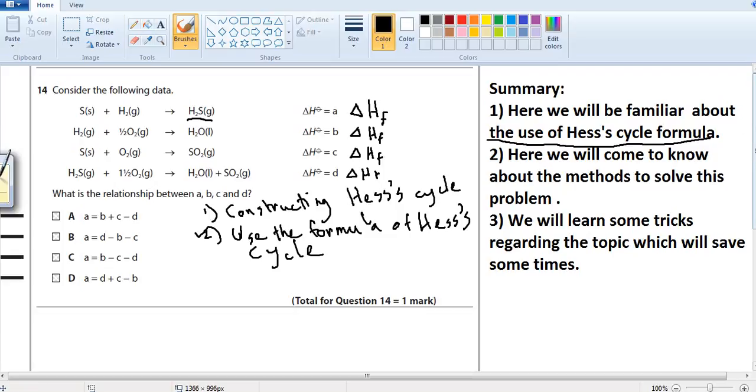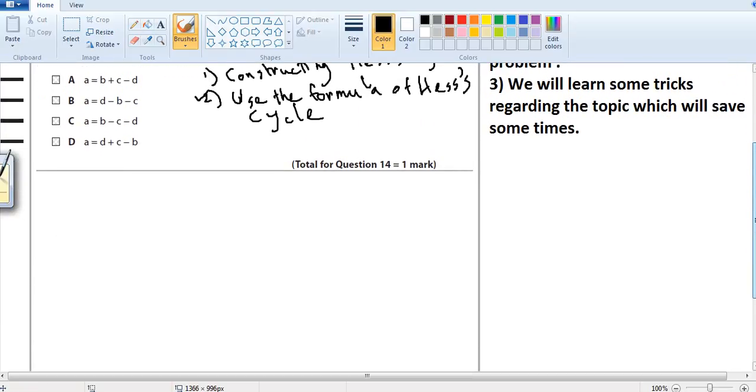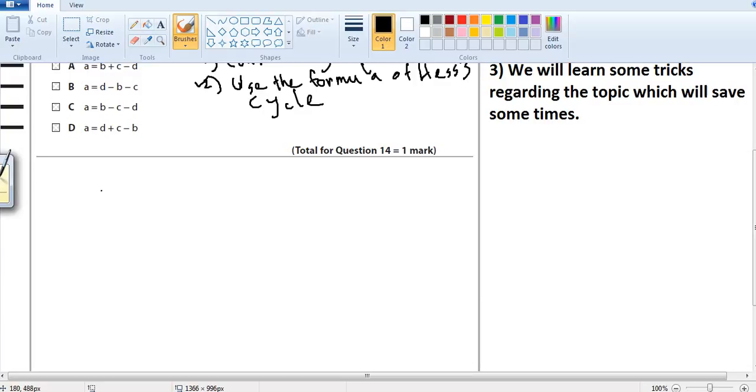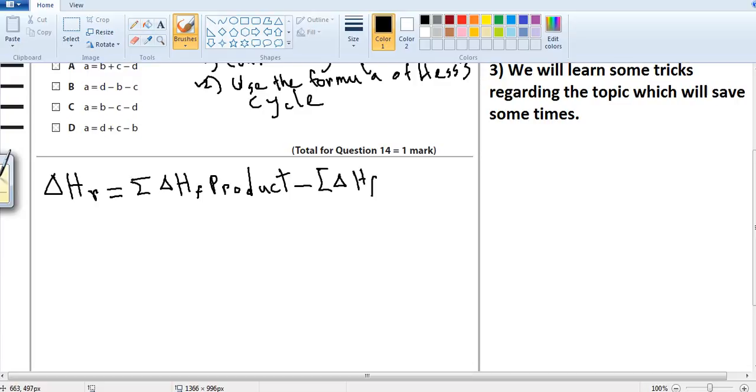Let us look at the formula that we will apply here: the enthalpy of reaction is equal to the sum of the enthalpies of formation of the products minus the sum of the formation enthalpies of the reactants.